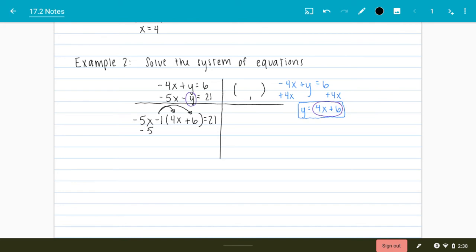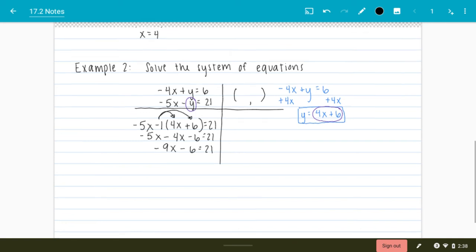So you get negative 5x minus 4x minus 6 is equal to 21. Still solving this for x, negative 5x minus 4x would be the same as negative 5x plus negative 4x. So that'd be negative 9x minus 6 is equal to 21.